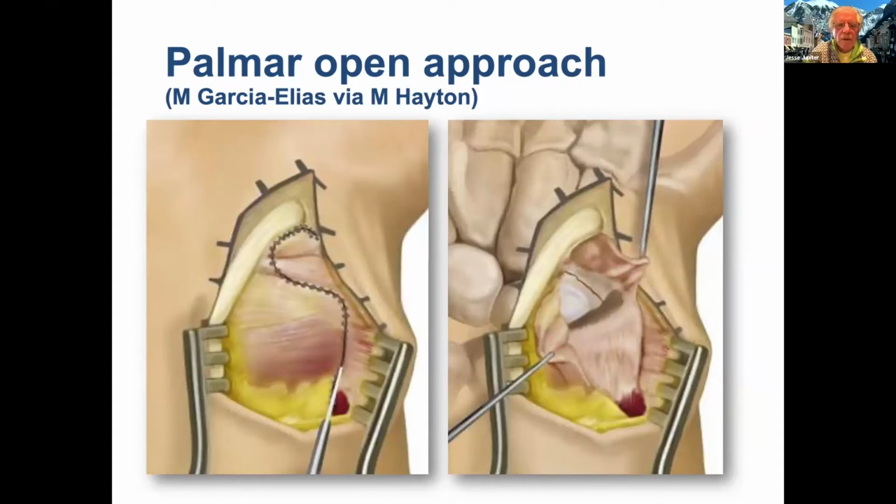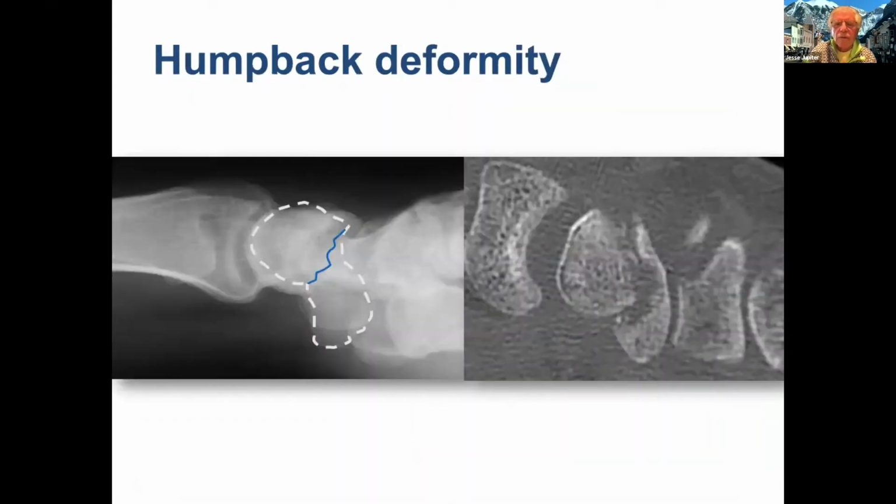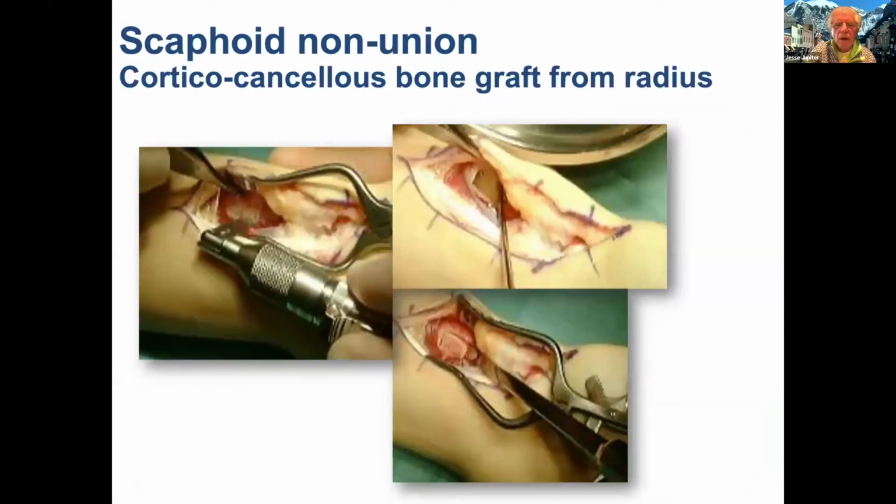But in trying to avoid that, Mark Garcia-Elias came up with this idea of creating two flaps. And then by doing this and closing them in sort of a Z-plasty fashion, you may have less traumatic injury to those ligaments.